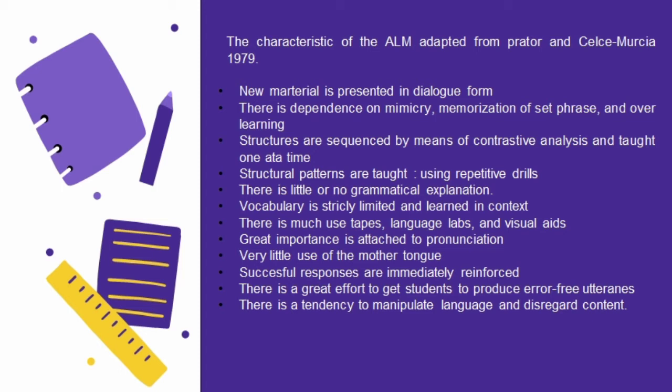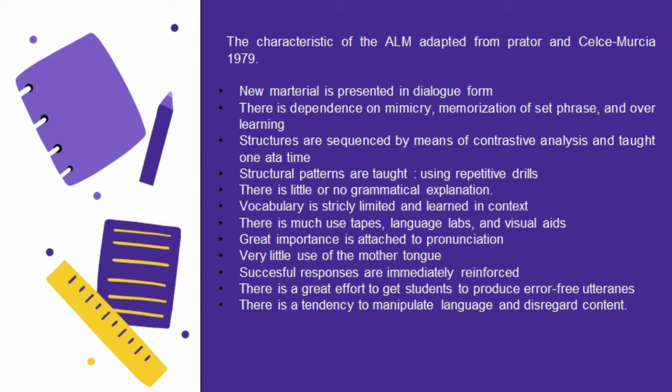The third: structures are sequenced by means of contrastive analysis and taught one at a time. The next: structural patterns are taught using repetitive drills. There is little or no grammatical explanation, and vocabulary is strictly limited and learned in context. And there is much use of tapes, language labs, and visual aids.